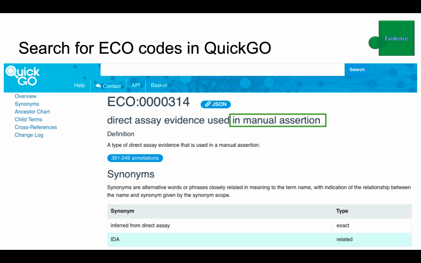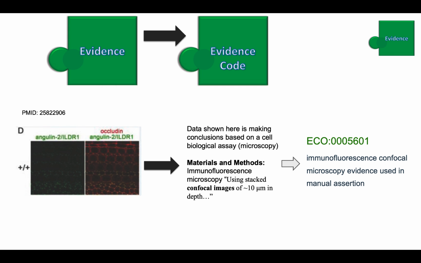If you search in QuickGO, it will look very similar to the GO term pages where you've got the ID, the term, make sure it's manual assertion, has a definition. It'll give you all those other pieces, although there are fewer of them. And as we said before, in this paper, we've got this microscopy evidence here.